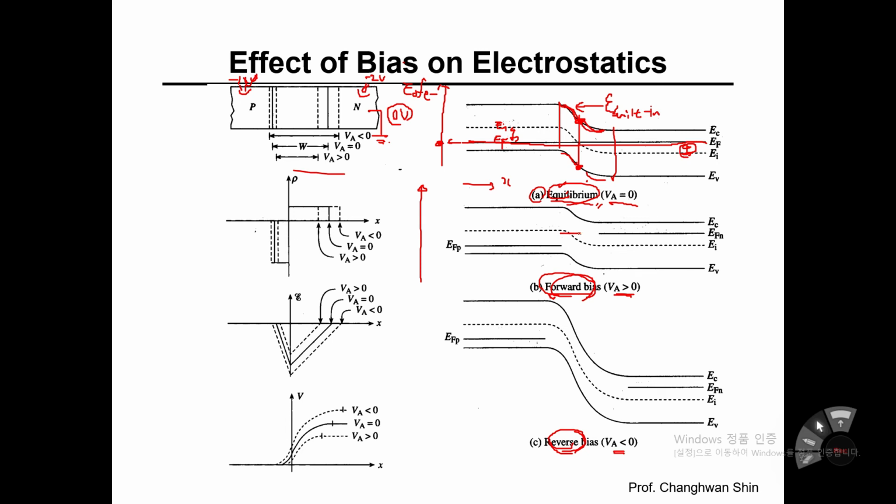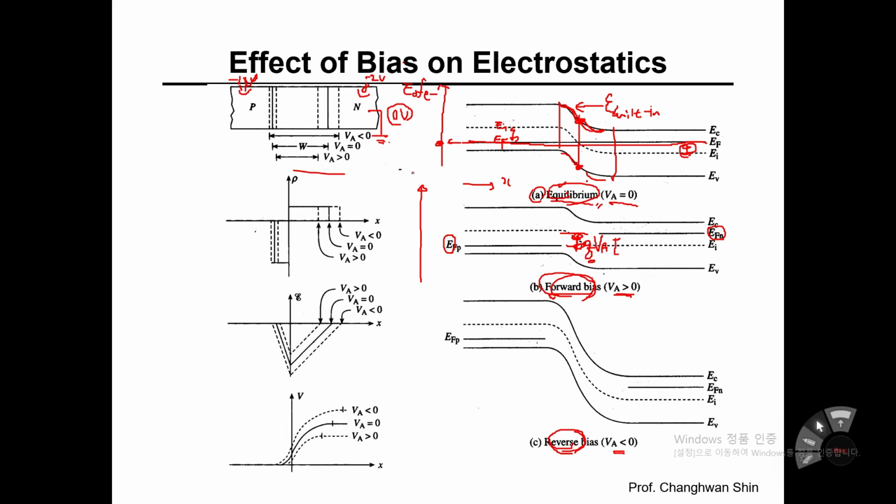Herein, take a look at how much energy difference has been applied between the Fermi energy level on the P side and the Fermi energy level on the N side. Here you can see that this energy difference corresponds to the unit charge q times the applied voltage VA. So why am I always using a small q as a unit charge herein?